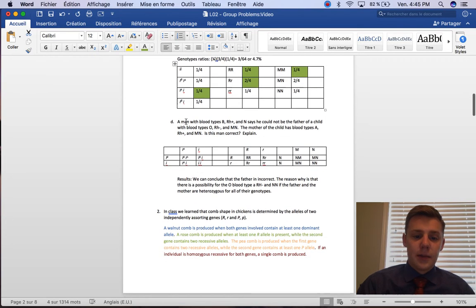The last question on part 1 asks about a man whose blood type is B, Rh positive, and N. He has stated that he cannot have a child with blood type O, Rh negative, and MN. However, the mom's information, which is type A, Rh positive, and MN, is given.